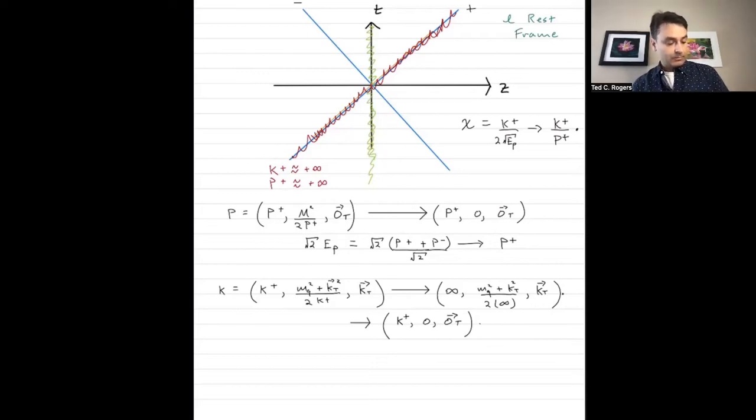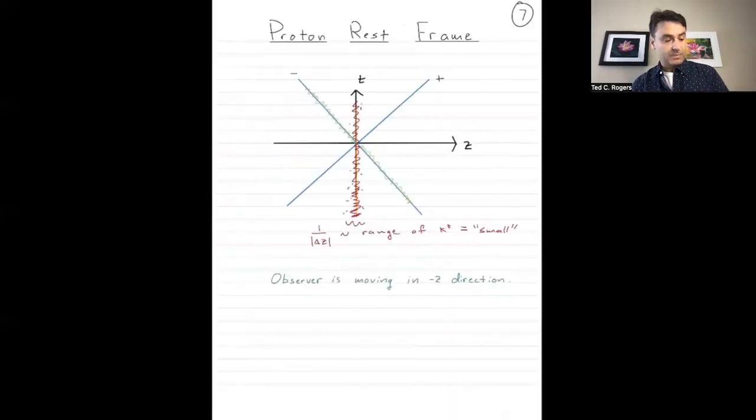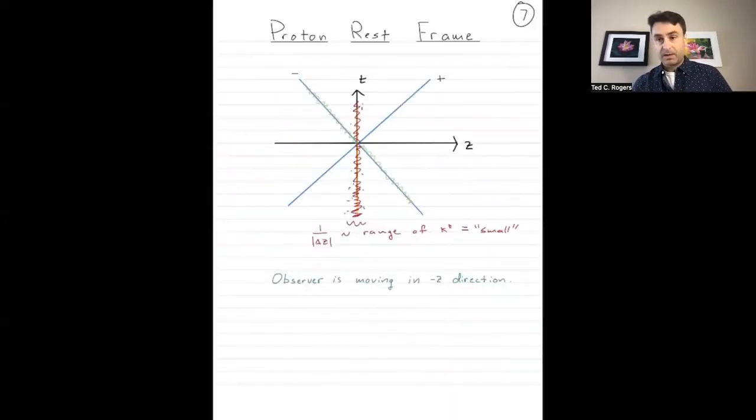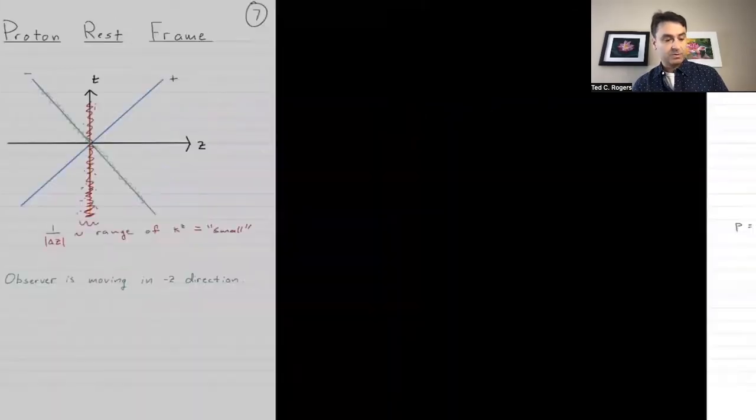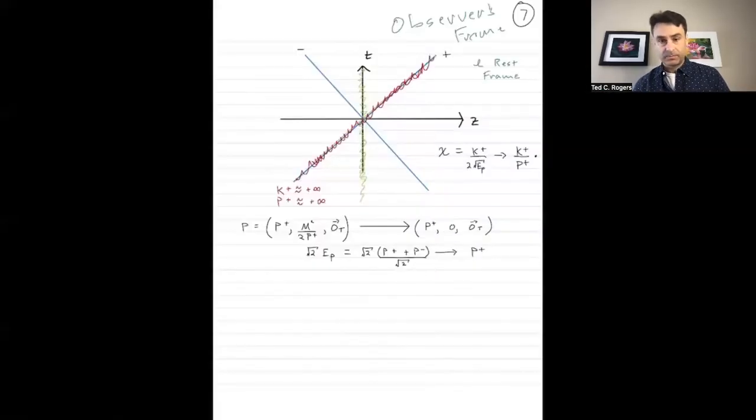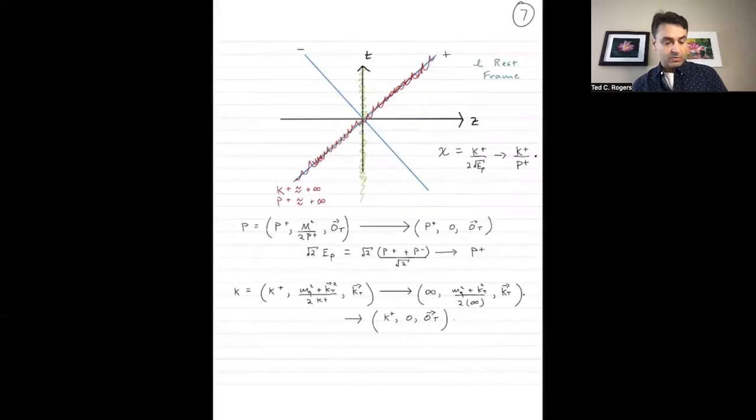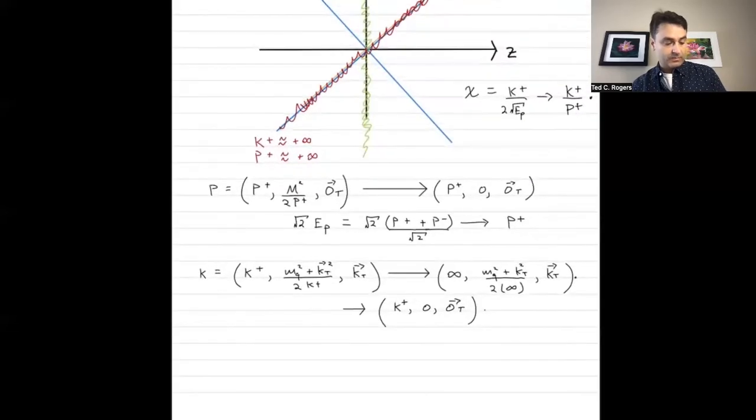And we have a similar thing to what we had for the proton, except now we'll allow for some transverse momentum. And if we're boosting from the previous page back here, then K plus is getting close to infinity as we boost from this picture to this picture. And so what do we have? We've got K plus going to infinity.